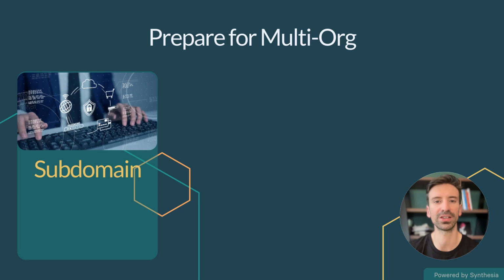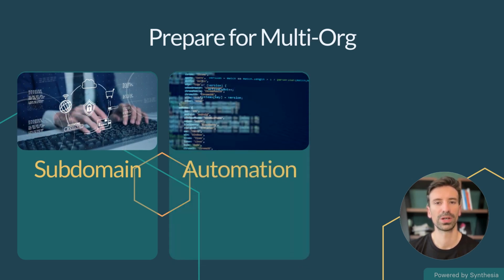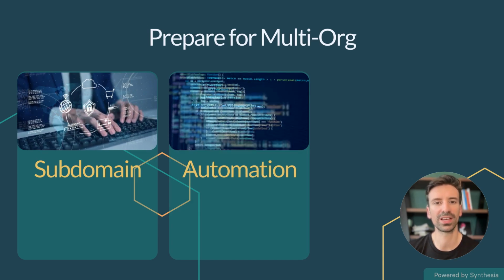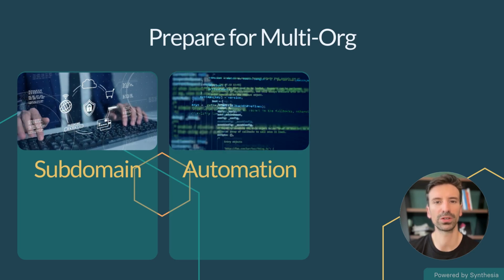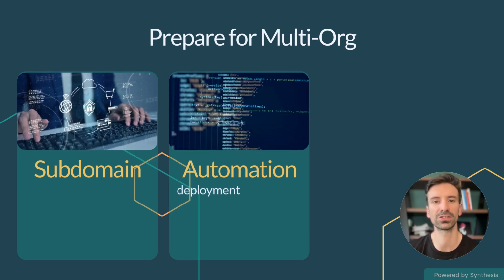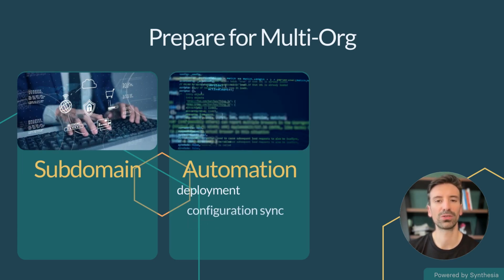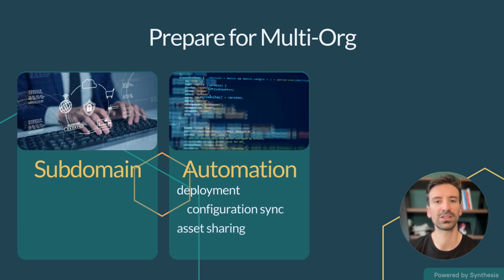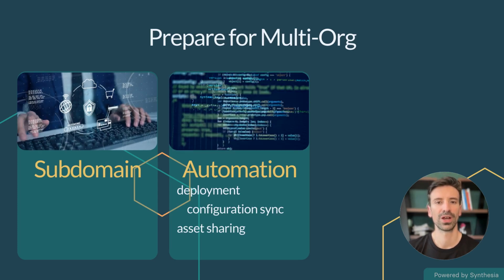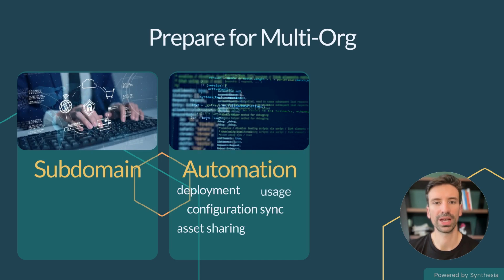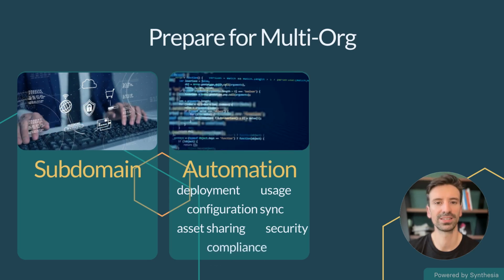The second recommendation is to consider developing a management platform to oversee all sub-organizations. While not necessary and rarely done, it may have some benefits. For example, you might want to automate the deployment of new sub-organizations with predefined configurations and maintain those configurations in sync across all orgs. Sharing assets such as key dashboards and monitors is another important consideration. A common use case is deploying usage-based monitors across all organizations to alert relevant users when needed.